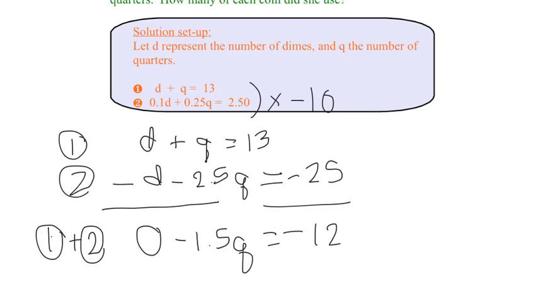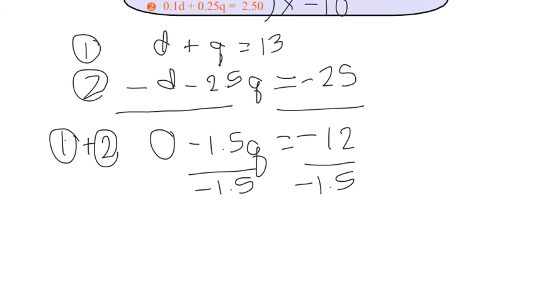It's a linear equation with one variable. All I have to do is divide both sides by negative 1.5, and I'm going to have Q equals negative 12 divided by negative 1.5, which is 8. So Q equals 8.